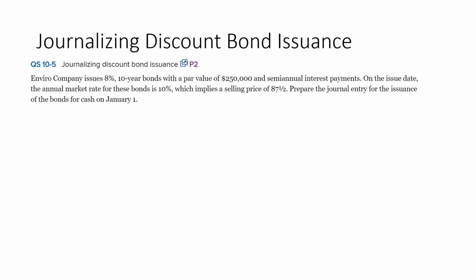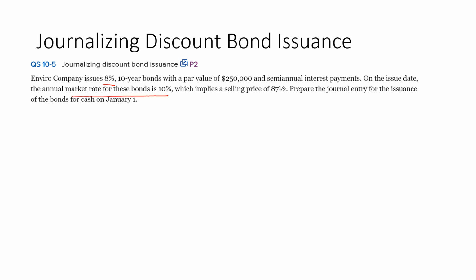On the issue date, the annual market rate for these bonds is 10%. So as you can see, the market rate is greater than the contract rate. And because of that, the selling price is going to be less than the face amount.